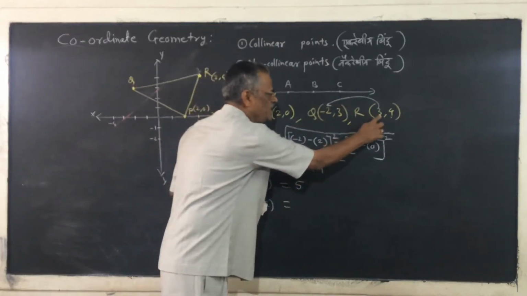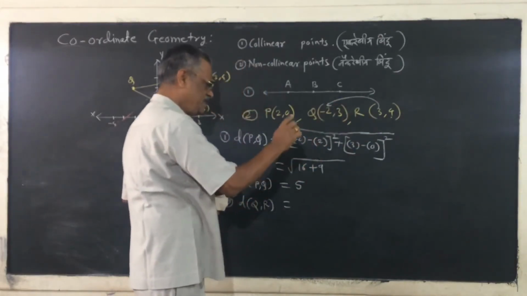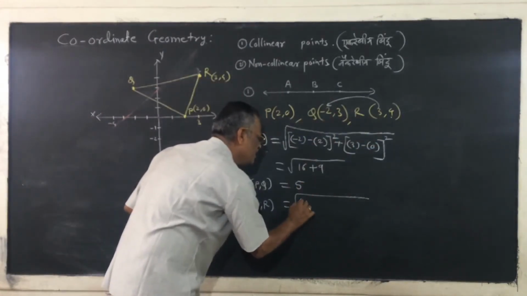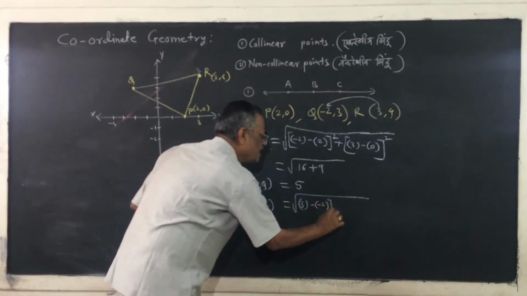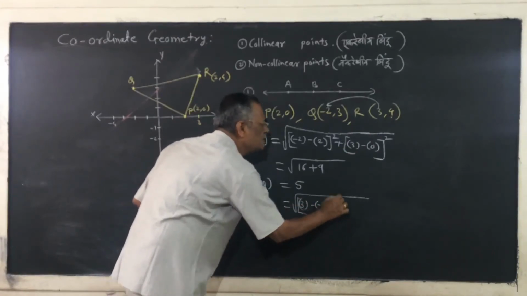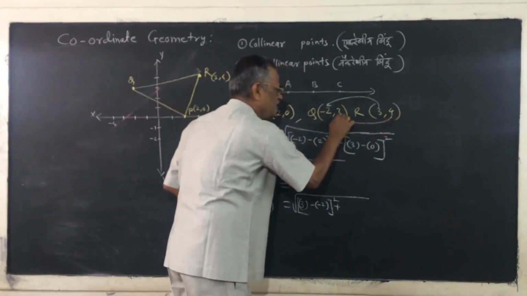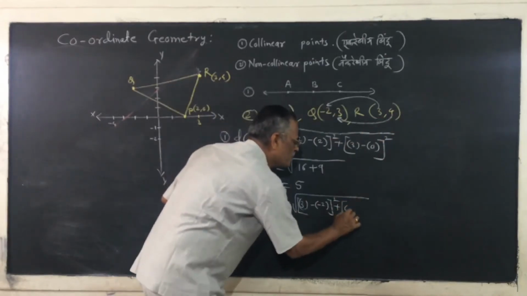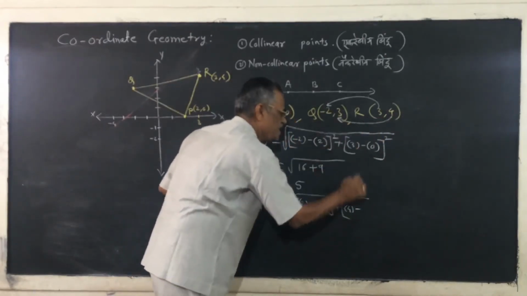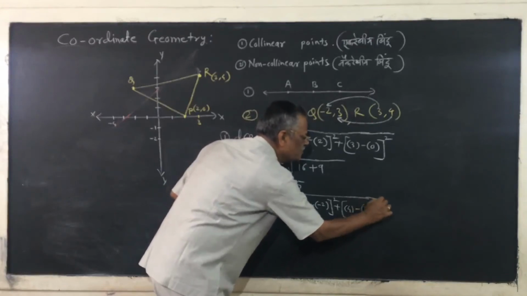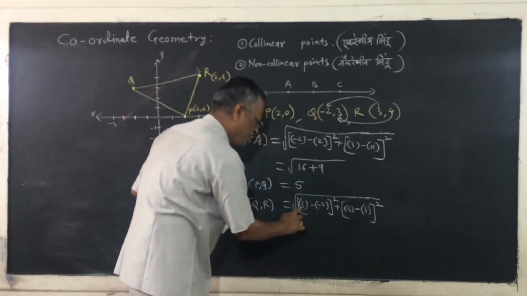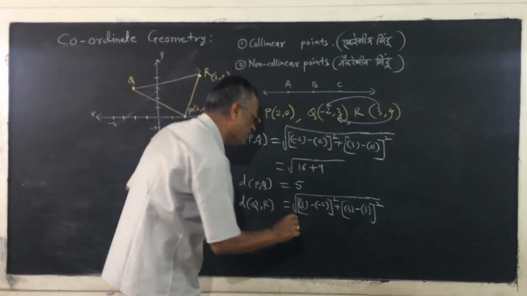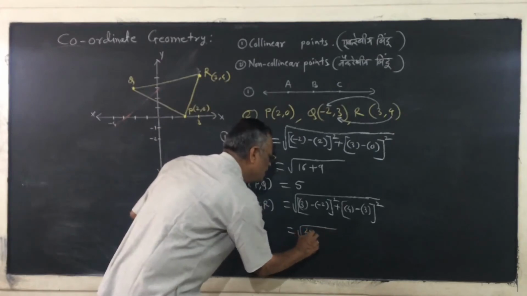What is x2? 3. 3 minus minus 2 bracket square plus y2 minus y1, 4 minus 3 bracket square. 3 minus minus 2 is plus 5. You know the square of 5 is 25.